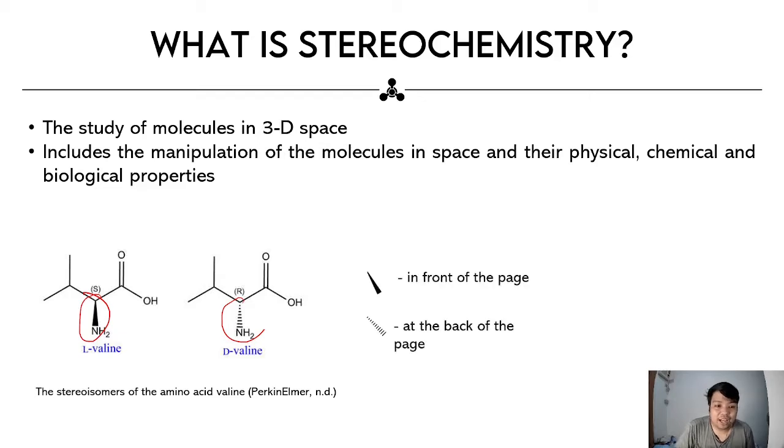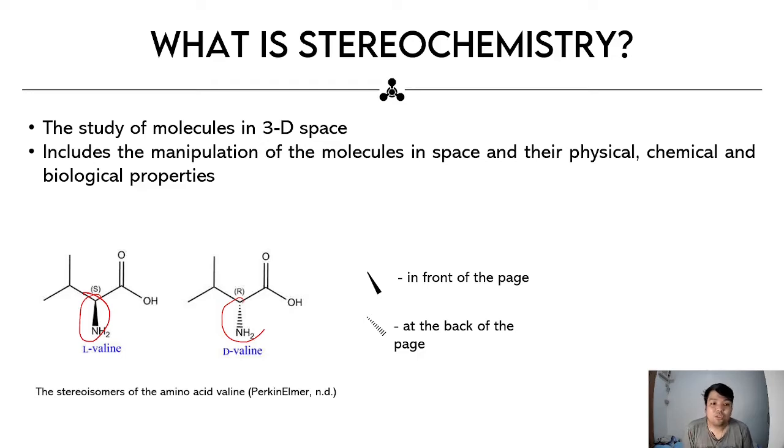So, a wedged line, like this one here, represents that the bonds are coming out in front of the page, and the hashed bonds, like the ones on the right, are the bonds that are coming out at the back of the page.